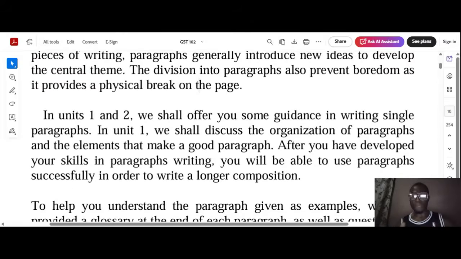Paragraph two will now talk about another idea. In units one and two, we shall offer you some guidance in writing single paragraphs. In Unit 1, we shall discuss the organization of paragraphs and the elements that make a good paragraph. And after you have developed your skills in paragraph writing, you will be able to use paragraphs successfully in order to write a longer composition.